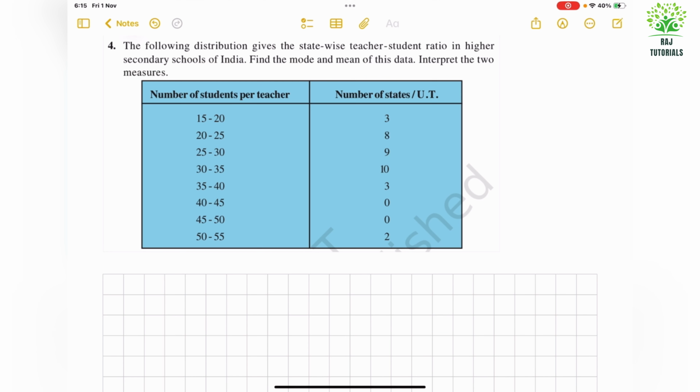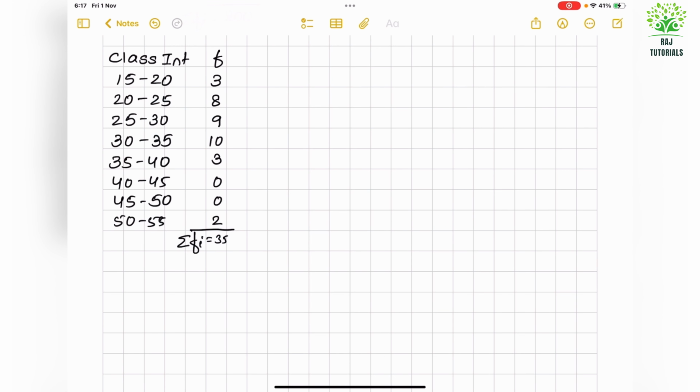The following distribution gives the state-wise teacher-student ratio in higher secondary schools of India. Find the mode and mean of the data. Interpret the two. Now, class interval and fi is already given. Now let us find xi.